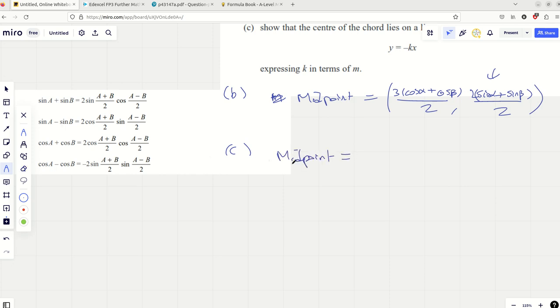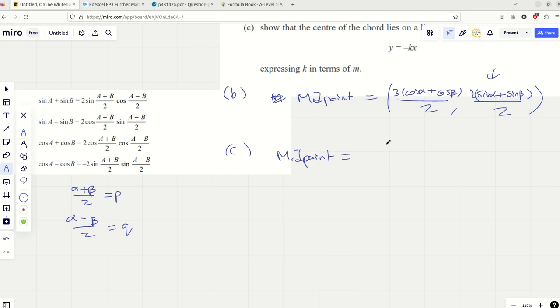Once again, let's use these formulas. So this is like 3 over 2 times cos alpha plus cos beta, and if we let alpha plus beta over 2 equal p, once again, and alpha minus beta over 2 equal q, we'll get the answer much more cleanly. It'll be easier to see what's going on.